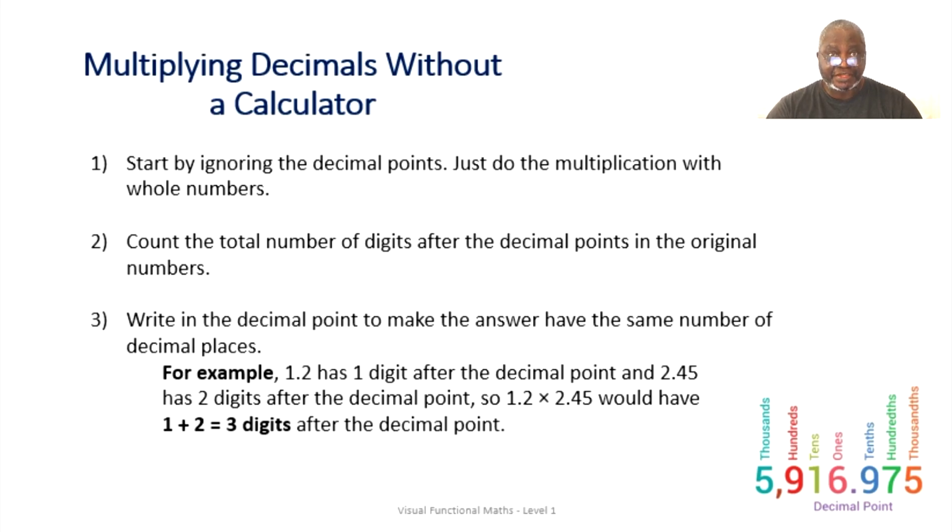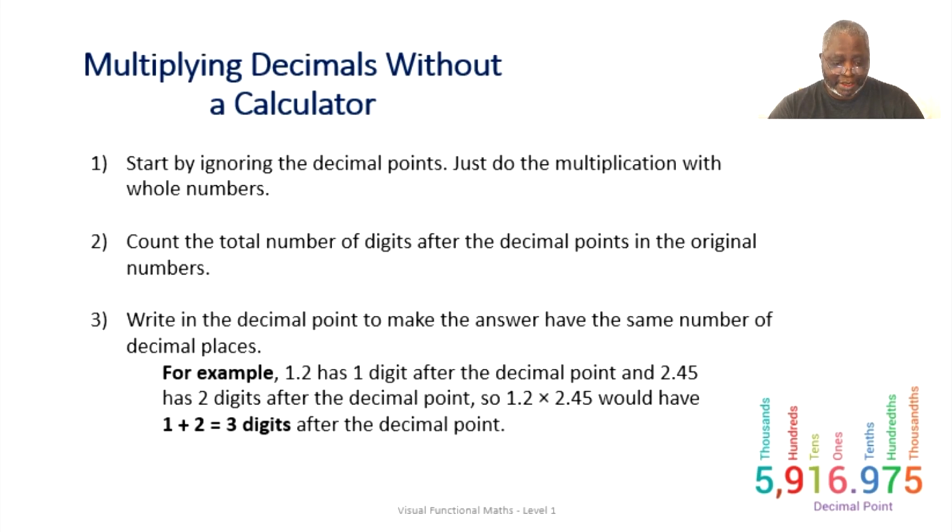Start by ignoring the decimal points. Just do the multiplication with whole numbers. Count the total number of digits after the decimal points in the original numbers. That is the number you want to multiply and the multiplier itself. Write the decimal points to make the answers have the same number of decimal places.